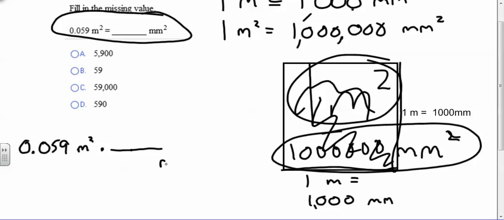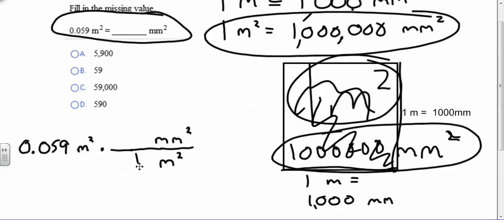So we're going to put square meters on bottom and square millimeters in the numerator. And what we have just found out is that 1 square meter is 1,000,000 square millimeters.